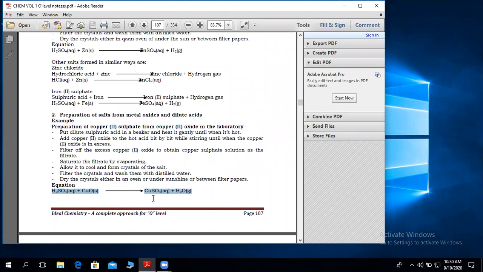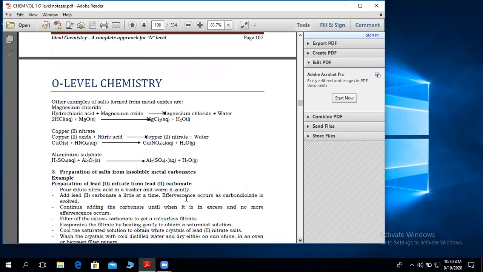I think there is no question about that. Other examples of salts that can be prepared from metal oxides are, you want to prepare magnesium chloride, you can use magnesium oxide.